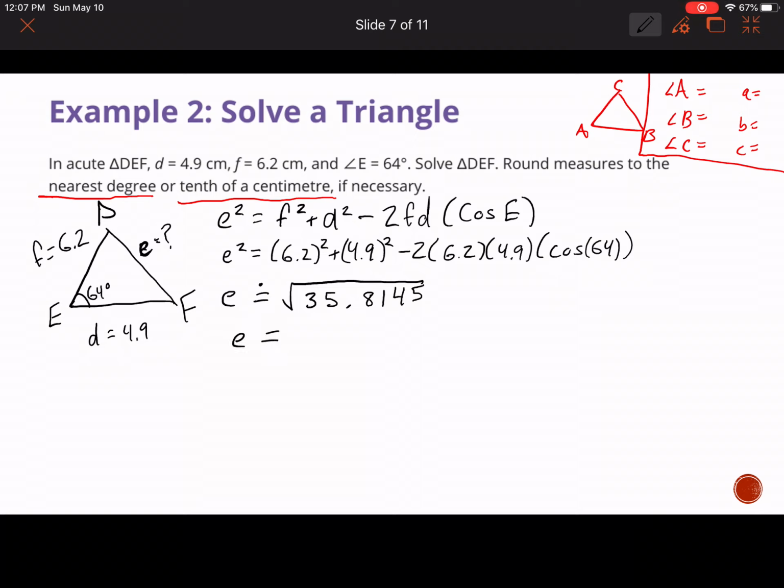And we end up with approximately 5.9845. And again, we've been asked to round to the nearest tenth of a centimeter. So again, we're going to end up with the same issue where as we round it, the 8 is going to pop up the 9 to a 10, and we end up with approximately 6.0 centimeters. So it's very nice if you make a little box for me and put all of your answers.